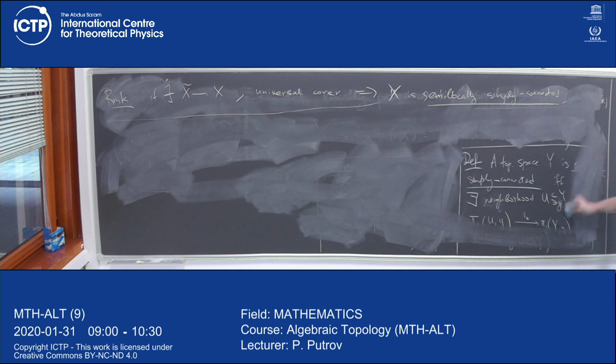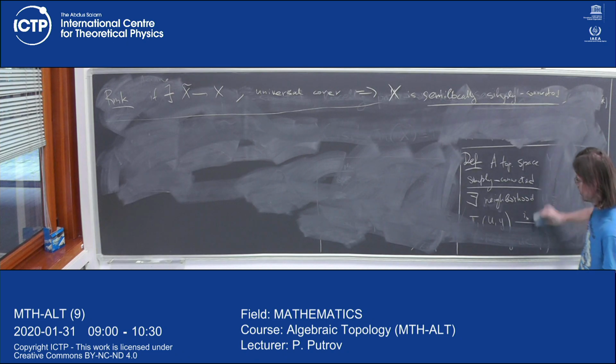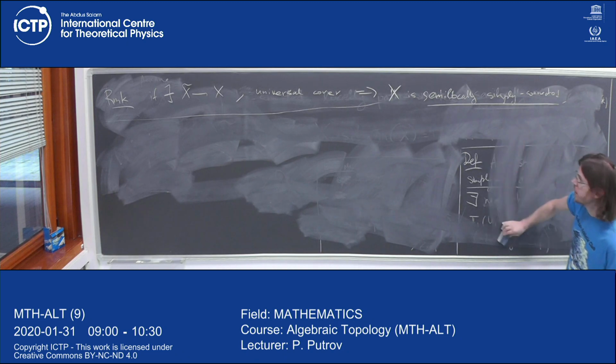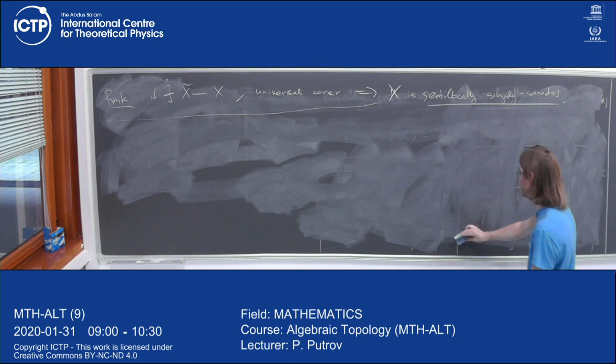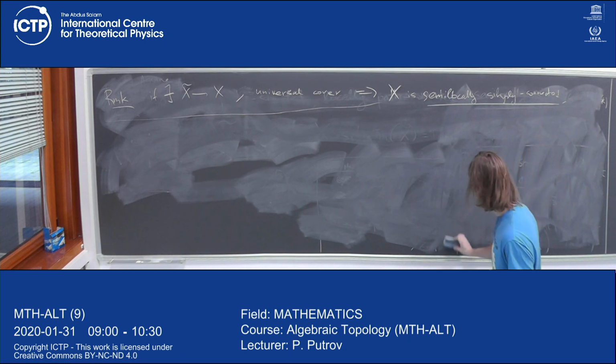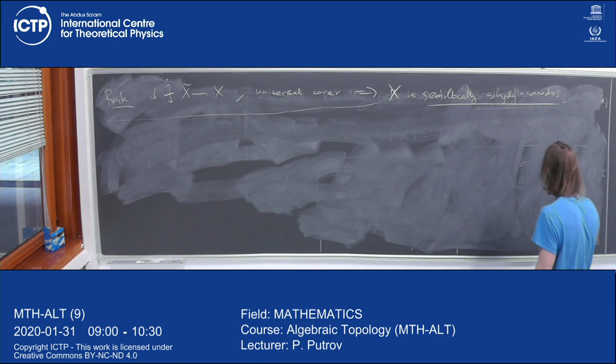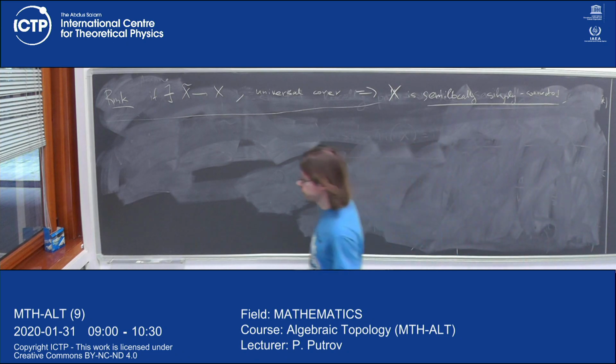In our proposition, we will use this as a part of the sufficient condition on X. But we also require some extra conditions. We don't just require X to be semi-locally simply connected, we also require it to be path connected and locally path connected.